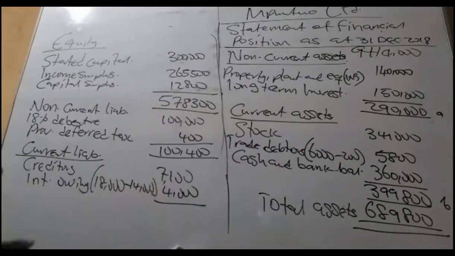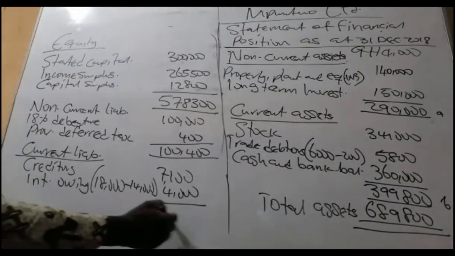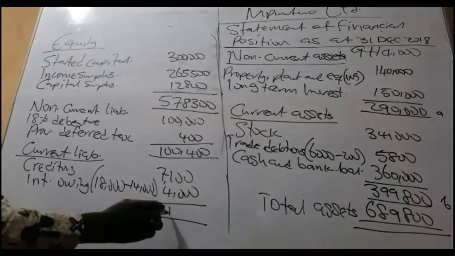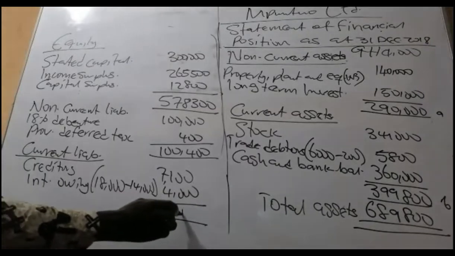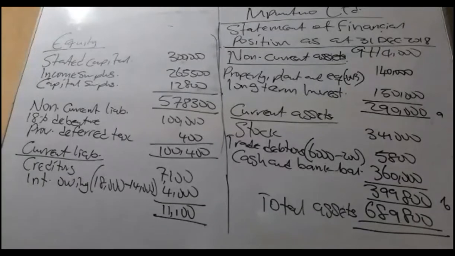So therefore, the current liability will be what? 11,100. So that's the total current liability. Here, and from here, we are ending the game.